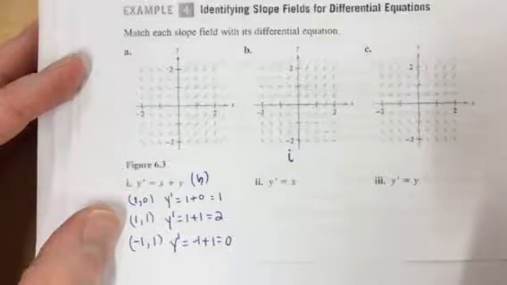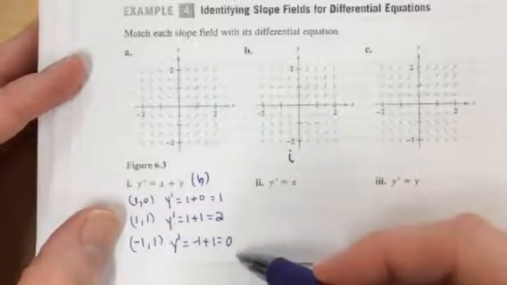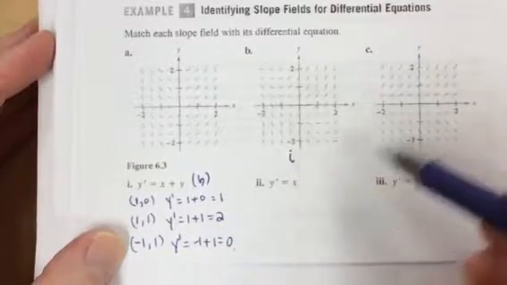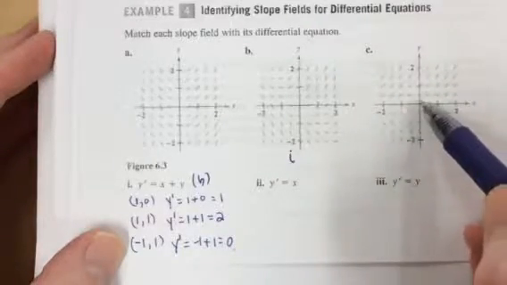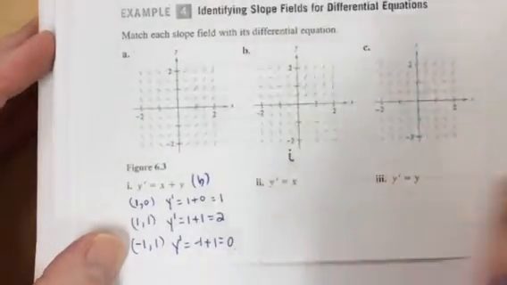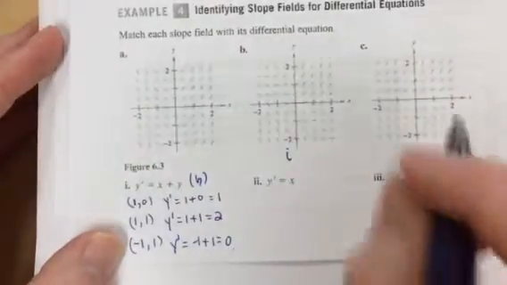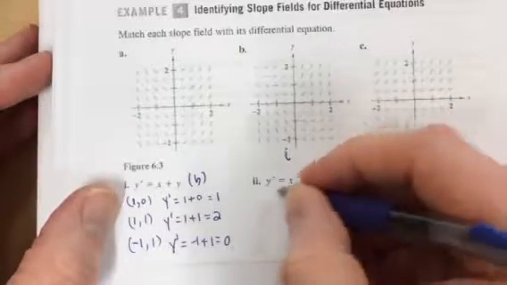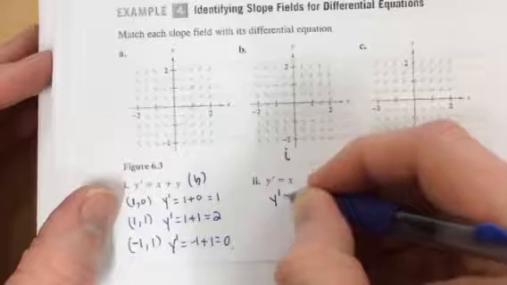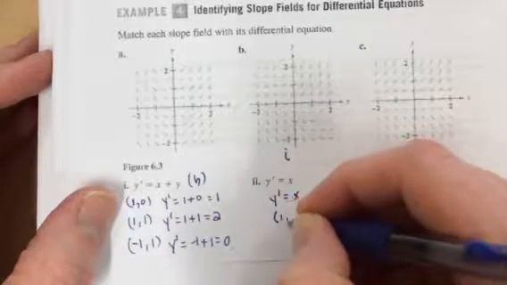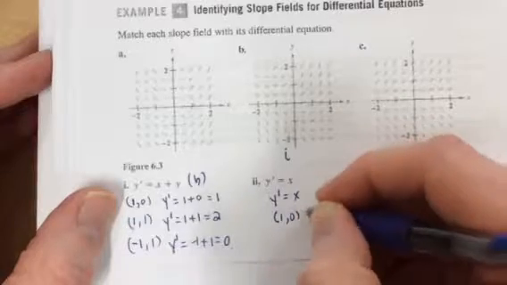All right. And then we can use this to help us here. We need to see where we have a slope of 0 at the ordered pair negative 1. Let's just keep on going. I'm getting ahead of myself. So let's look at this next one. If y prime is equal to x, let's try the ordered pair 1, 0 here.